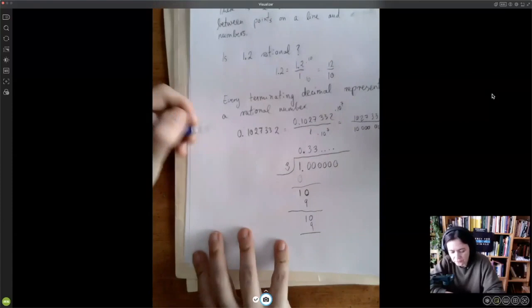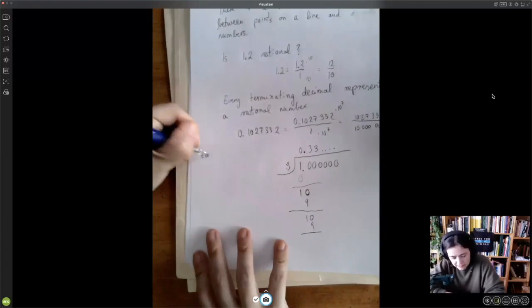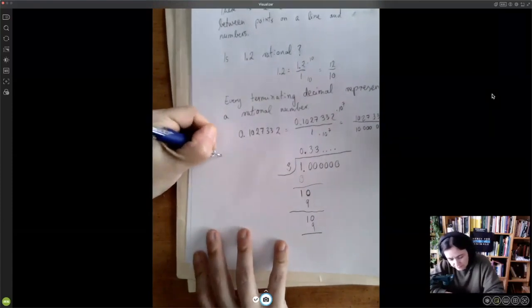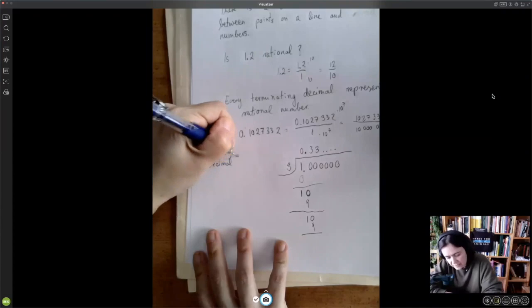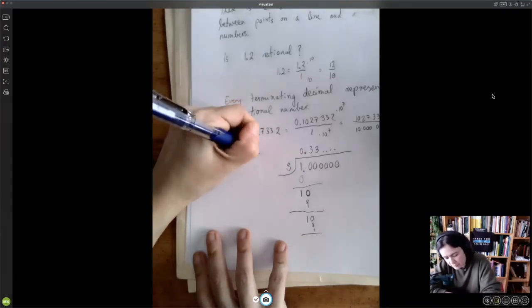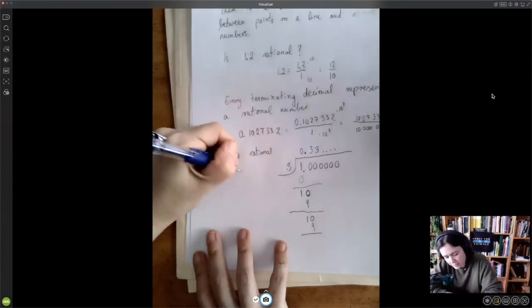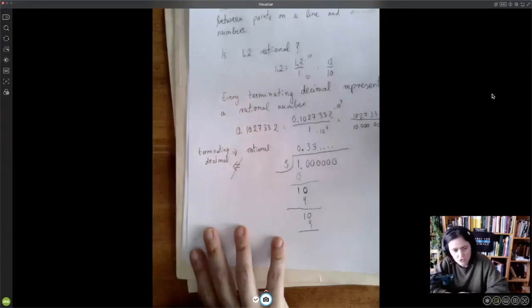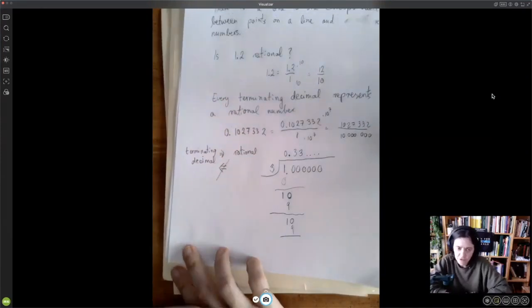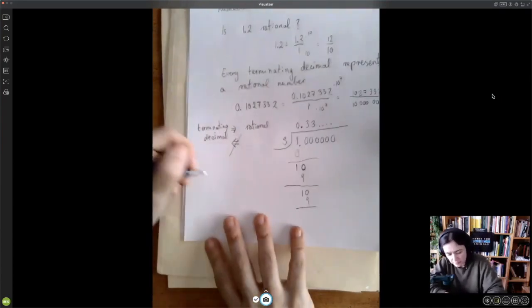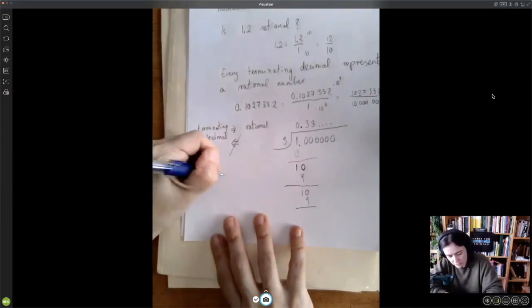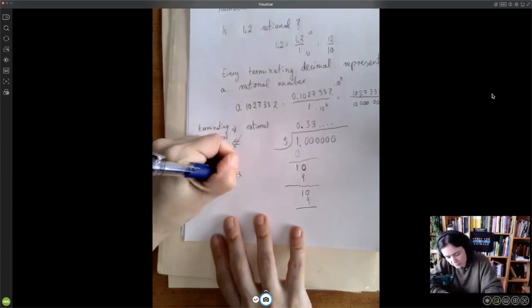So a terminating decimal means that we are dealing with a rational number, but backwards it's not true. Not every rational number, when we write it as a decimal, terminates, and 1/3 is a great example. 1/3 is 0.3333.